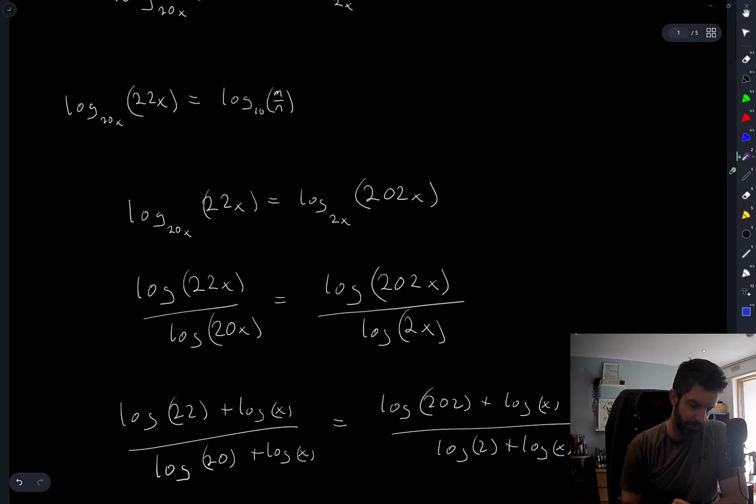I sort of implicitly used natural log in all of this, but I could have used log base 2 everywhere there.